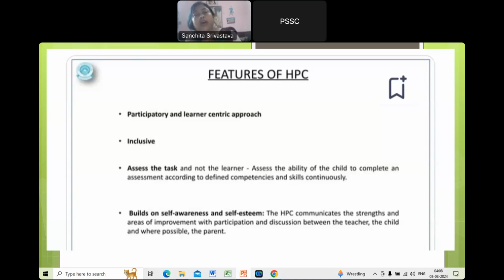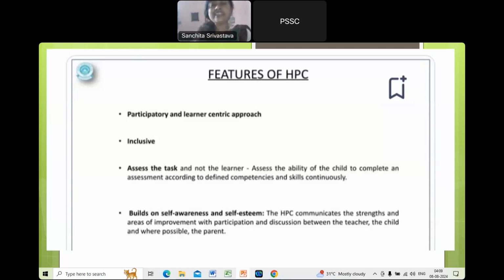Okay. Now, it builds on self-awareness and self-esteem. These are two different words with two different meanings, but they have a profound impact on the development of the child. Now, the HPC communicates the strengths and areas of improvement for participation and discussion between the teacher, the child, and where possible, the parents.